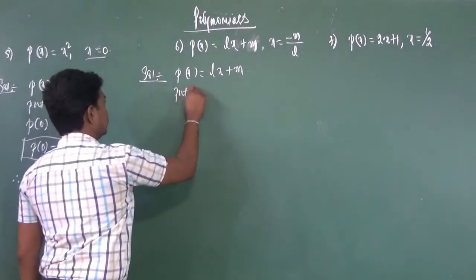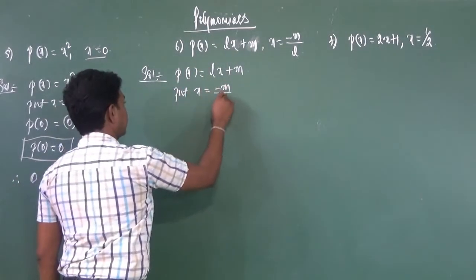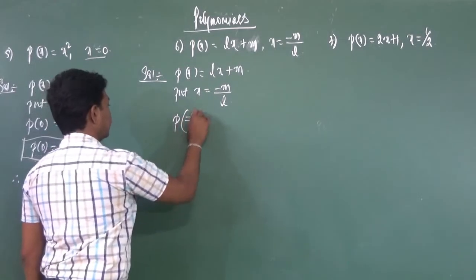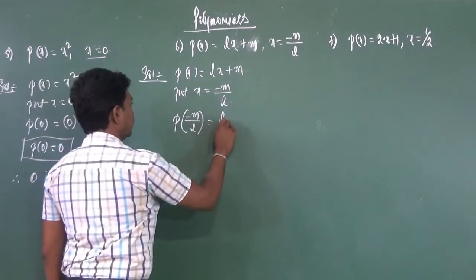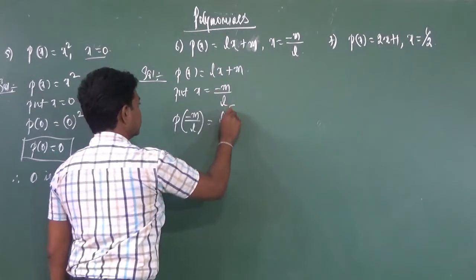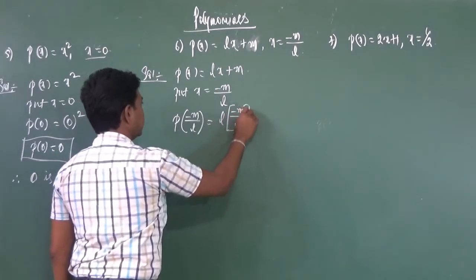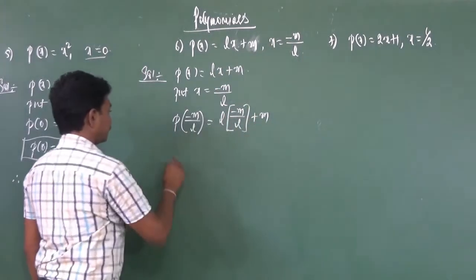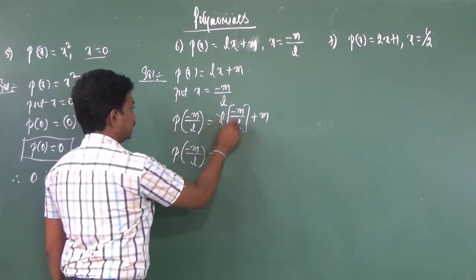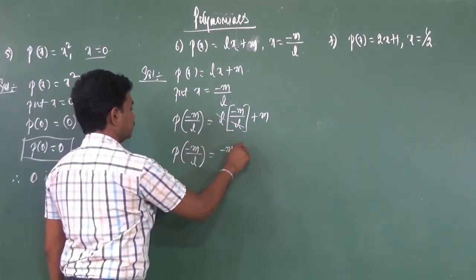So put x is equal to minus m by l. So p of minus m by l is equal to l into, instead of x we have to substitute this minus m by l, plus m. So p of minus m by l is equal to l, and l cancels, so it is minus m plus m.